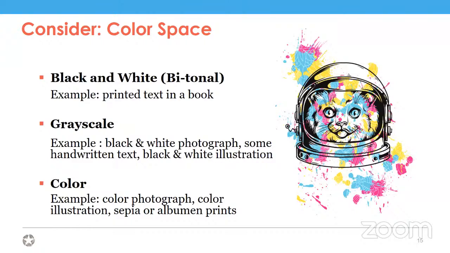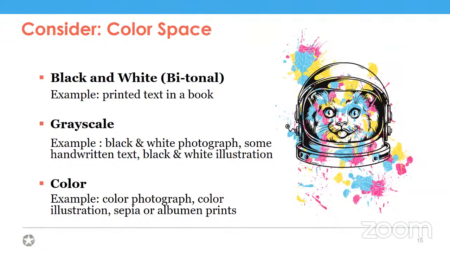This is going to be different than grayscale. When you think of black and white photography, typically it is not black and white, it is grayscale. Grayscale has the 50 shades of gray. It has all the shades of gray. It isn't just black and white.